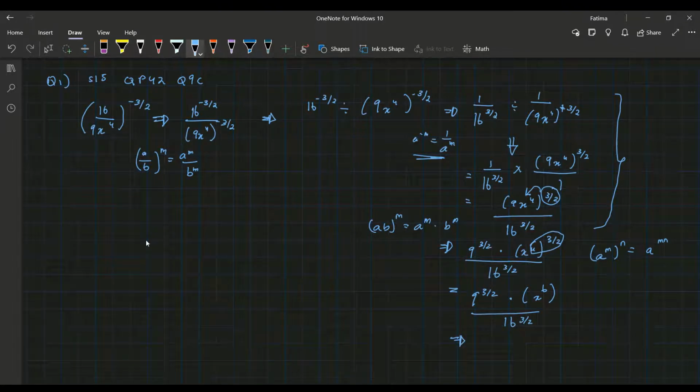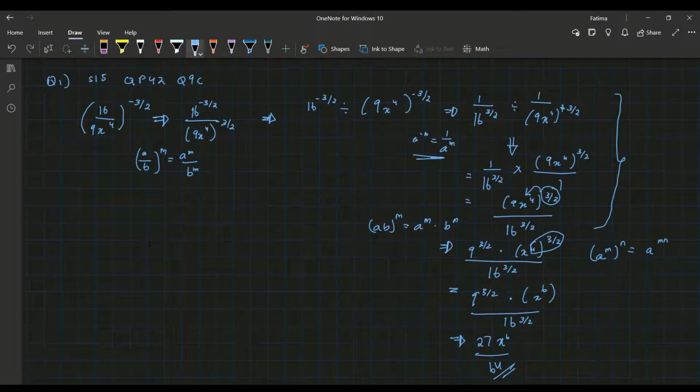Now you can simplify 9 to the power 3 by 2 and 16 to the power 3 by 2. This question actually asks for simplification, so you can just type it into your calculator and raise it to the power 3 by 2, and you would get 9 to the power 3 by 2 is 27 into x to the power 6 upon 16 to the power 3 by 2 is 64. So this is your final answer.